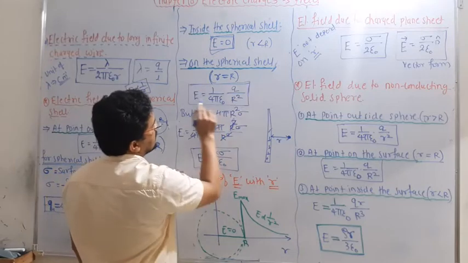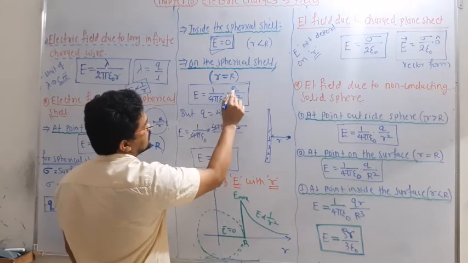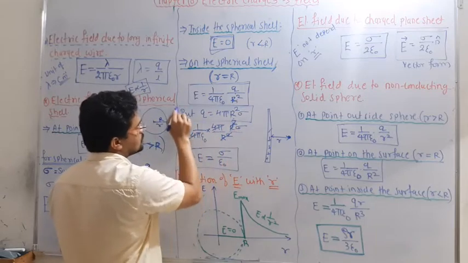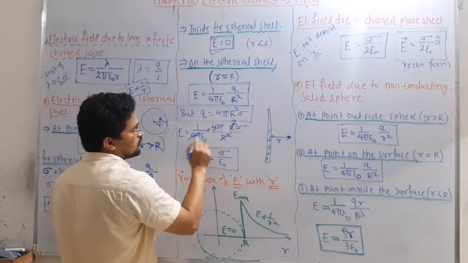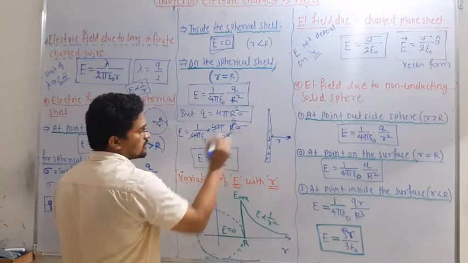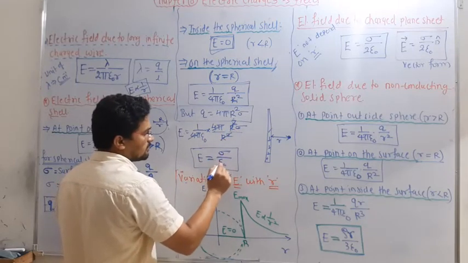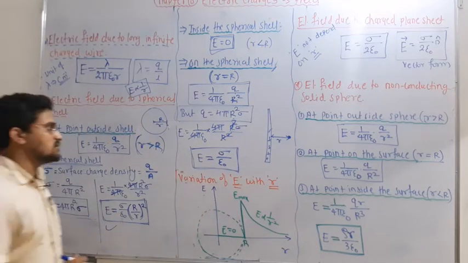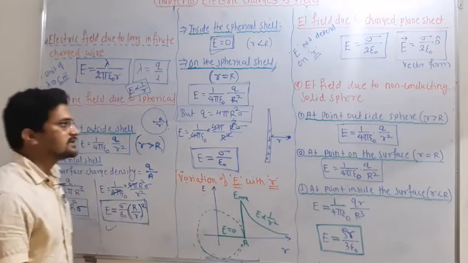That is given by E equals 1 upon 4 pi epsilon naught q by R square. Once you substitute this q again from that equation, the 4 pi cancels out, R square cancels out, and sigma divided by epsilon naught is left. So this is another equation, where sigma is the surface charge density, that is q by A.